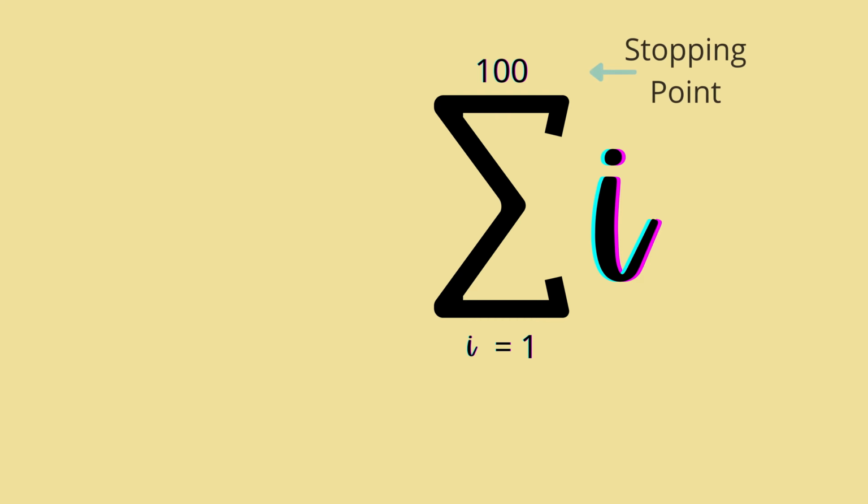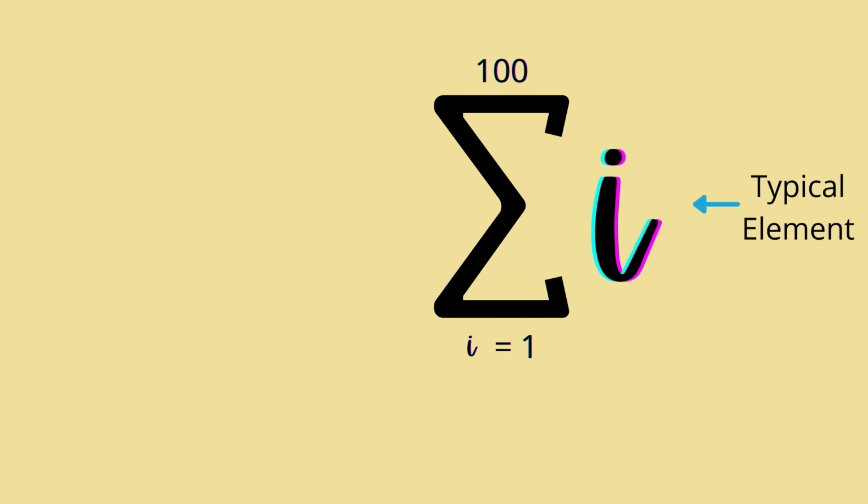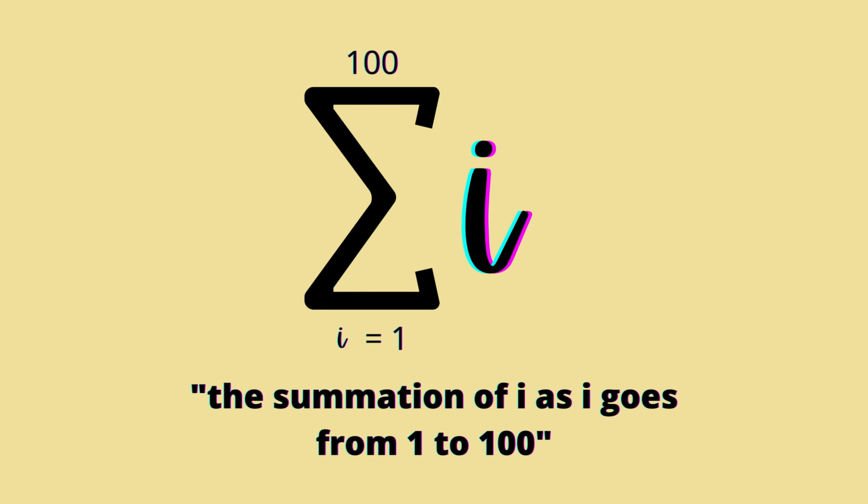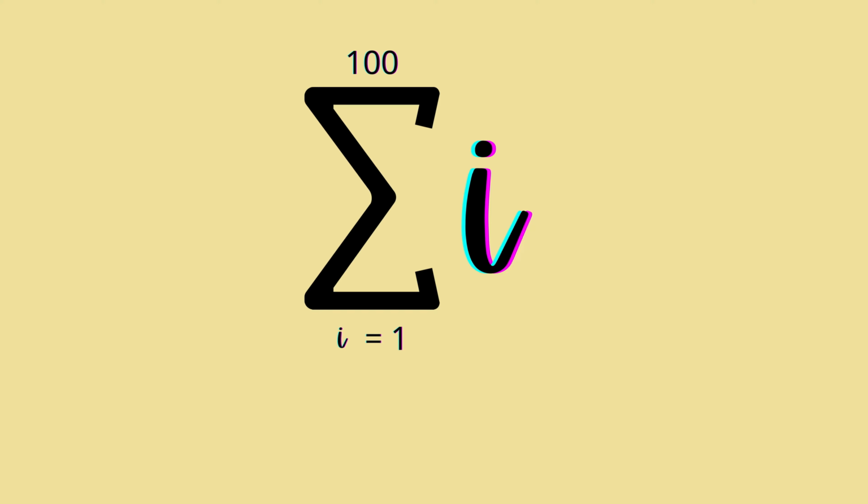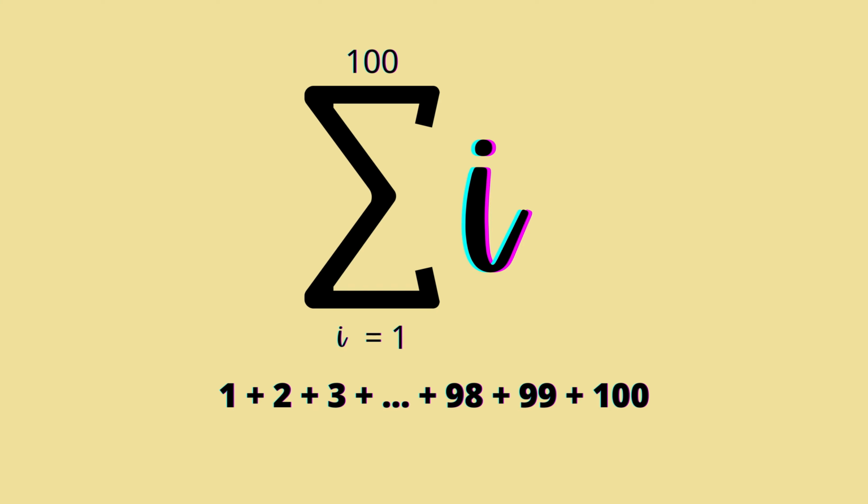The stopping point, or the upper limit, is the number above the sigma, that is used to generate the last term in a series. Lastly, the typical element, or the summation term, of the sequence which is being summed, appears to the right of the summation sign. Again, this sigma notation is read as, the summation of i, as i goes from 1 to 100, which tells us to add all numbers from 1 to 100.